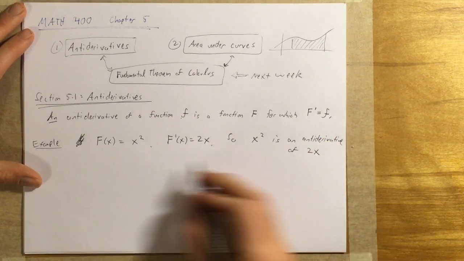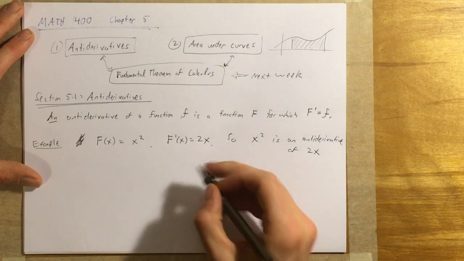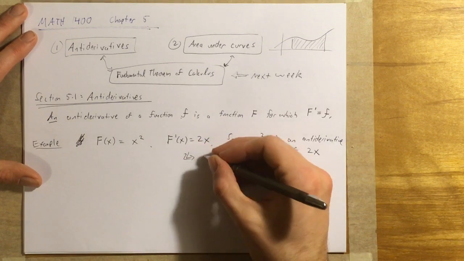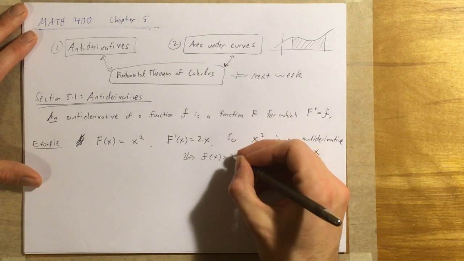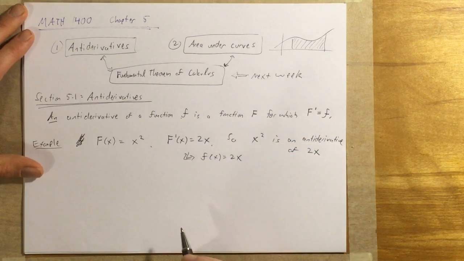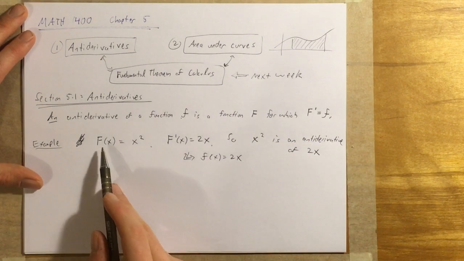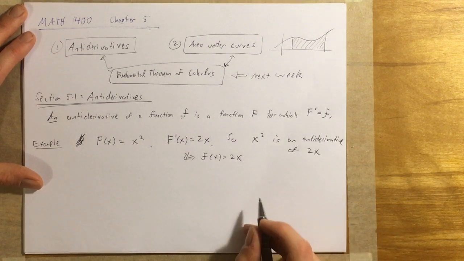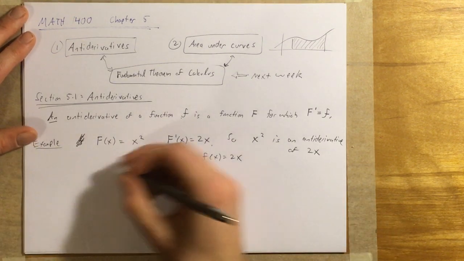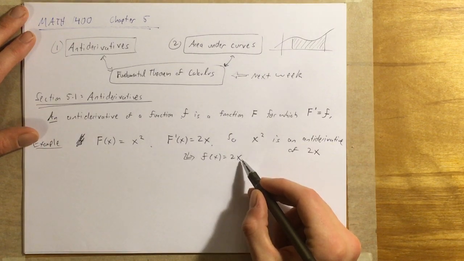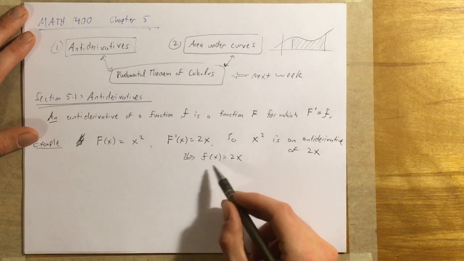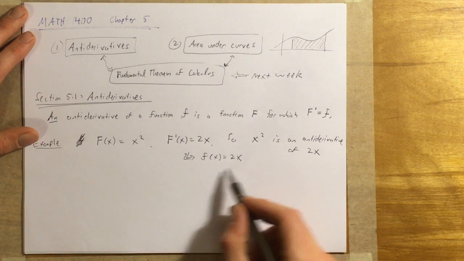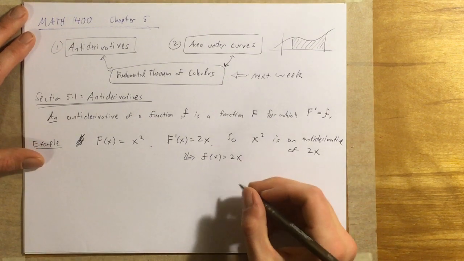Your lowercase f in this scenario is 2x. So here we'd have lowercase f of x equals 2x. So with this capital F, x squared, it's an antiderivative for 2x. If you start with the function 2x, you can go backwards and say, well, if we have 2x, what's an antiderivative for that? It would be x squared.